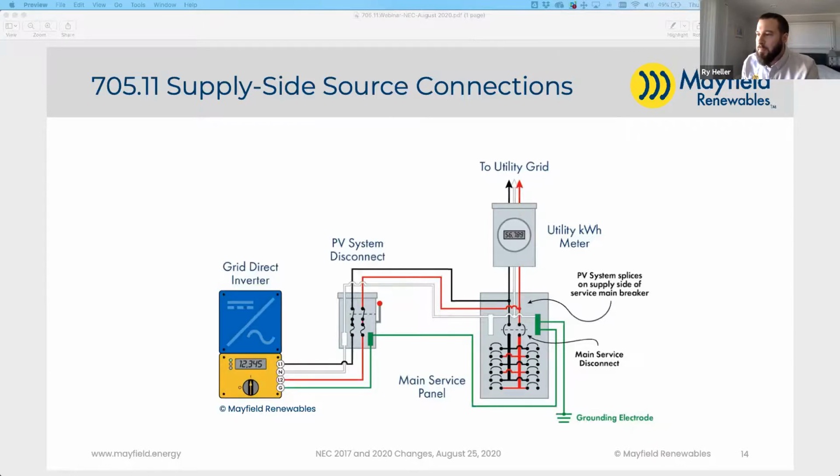And it does provide a couple of exceptions. This is out of the 2017 code book, but the exceptions are if there are no external sources, like if you just had one string, then you wouldn't need overcurrent protection as long as your wire is sized appropriately. And the second exception would be if the short circuit current value from all the sources doesn't exceed the ampacity of the conductor, then you also wouldn't need OCPDs.